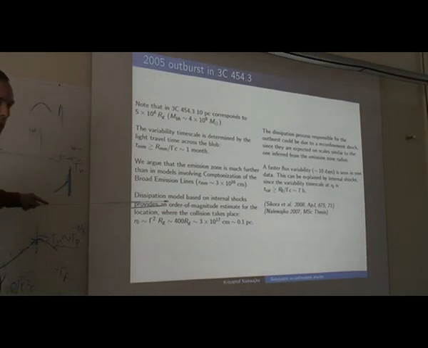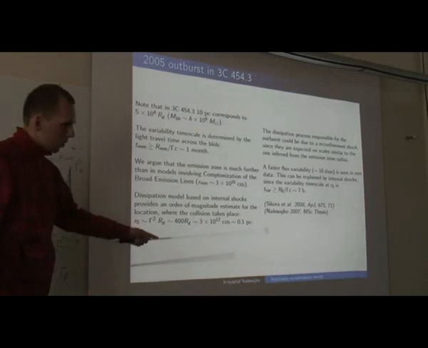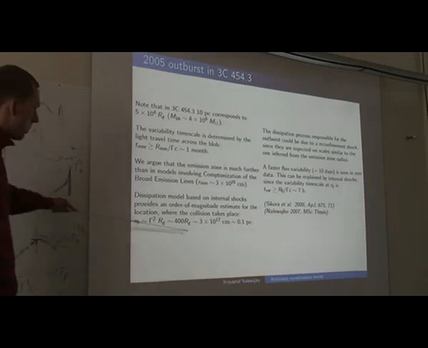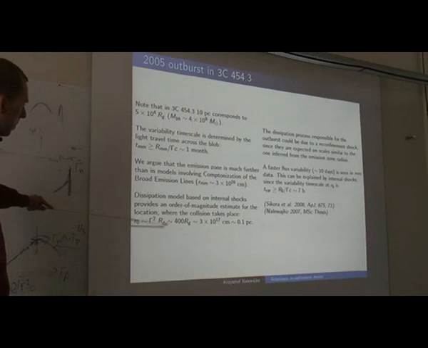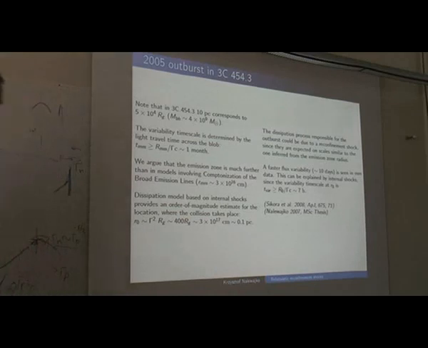So observationally, we estimate the location in which there is energy dissipation connected to the internal shocks, and we know that the actual emission should be rather co-spatial with the place where the energy is dissipated. So this estimate is 2 orders of magnitude lower.